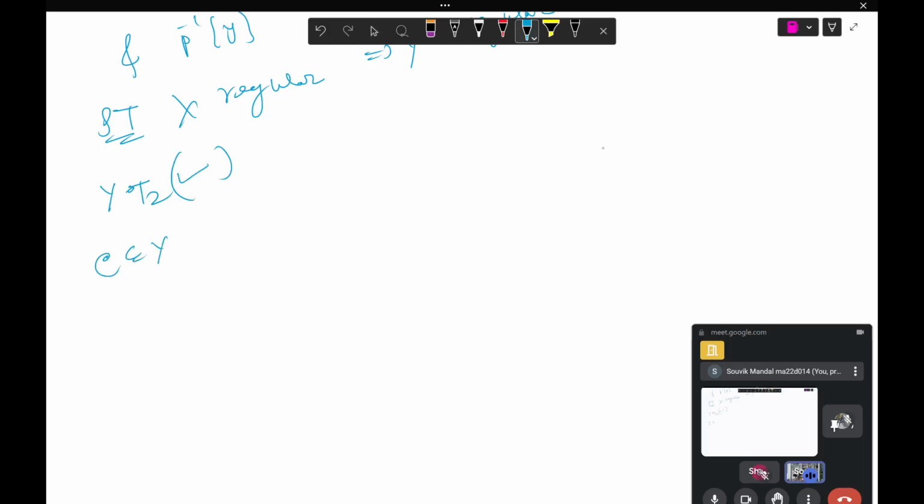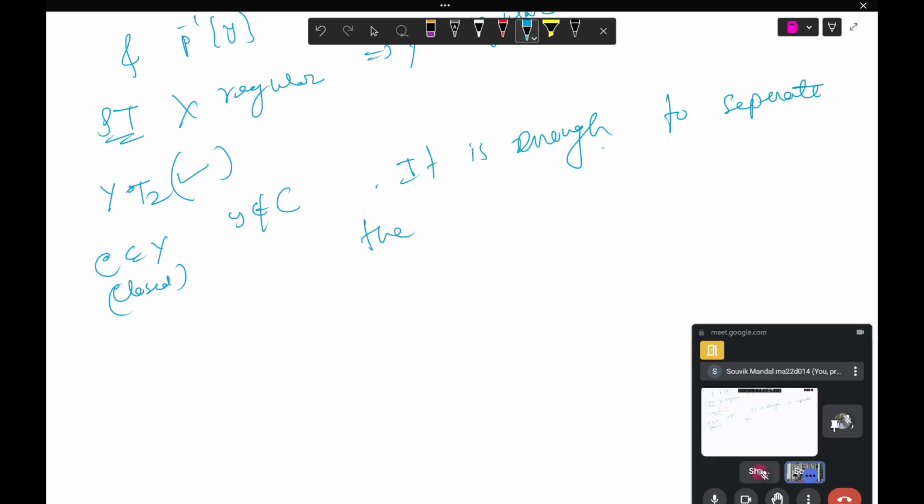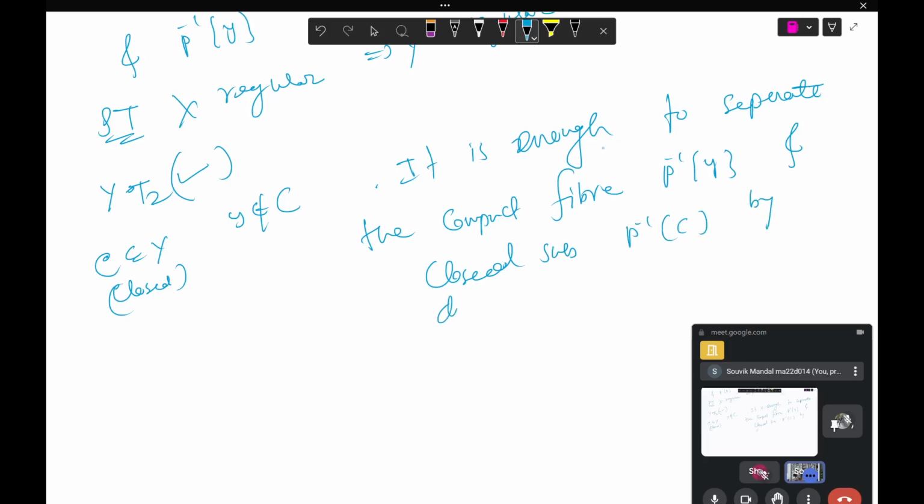Now let Y be a subset that is closed, and y does not belong to C. Then, in order to show the regularity of Y, it is enough to separate the closed subspace P inverse C by this triangle.